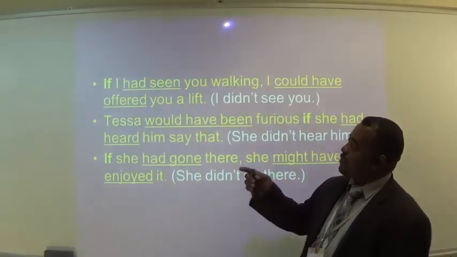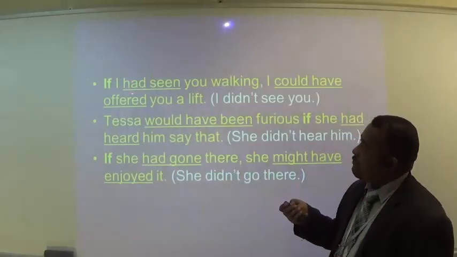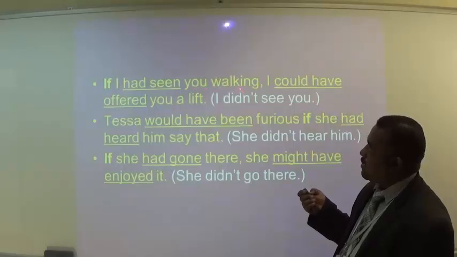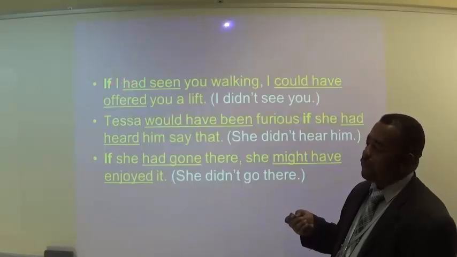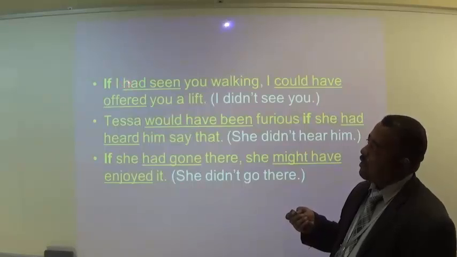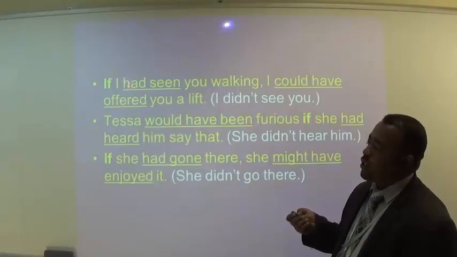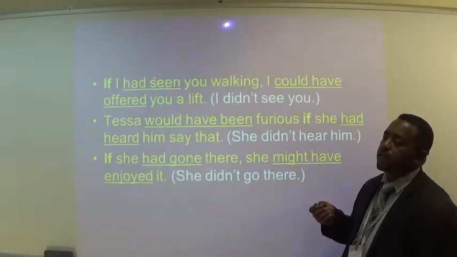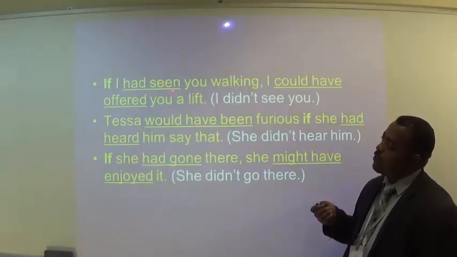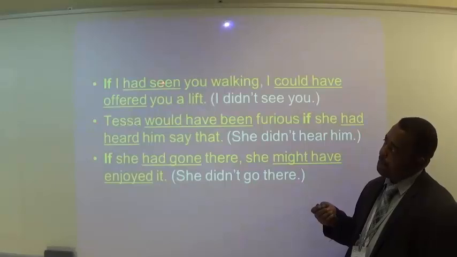Look at these examples. If I had seen you walking, and pay attention, had here is the rule for if conditional 3. If I had seen you, and the verb here is in the past participle of the verb see.